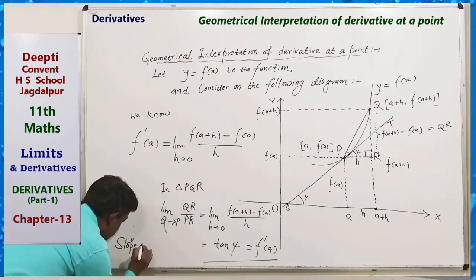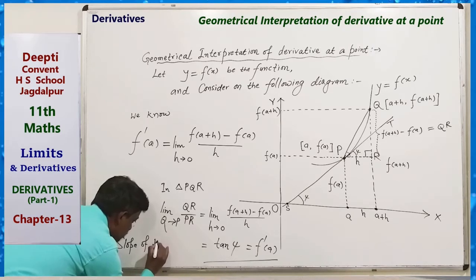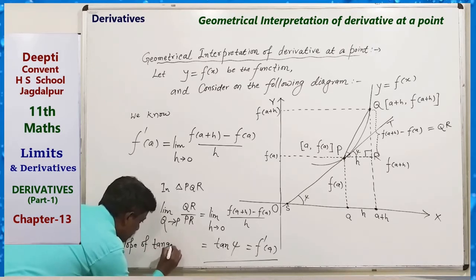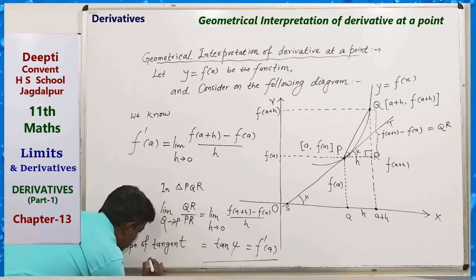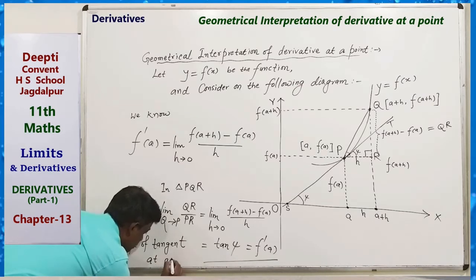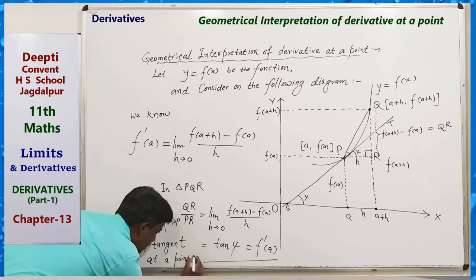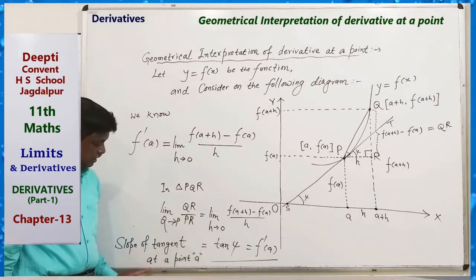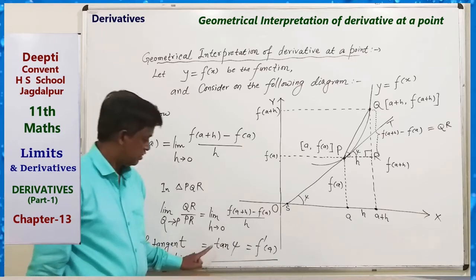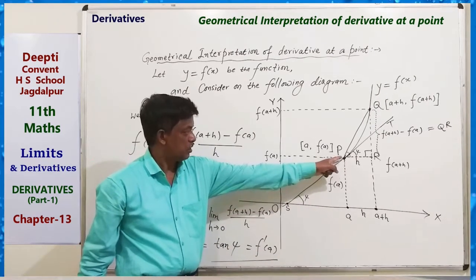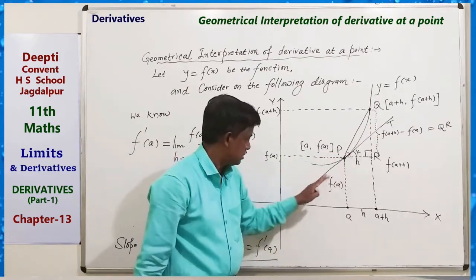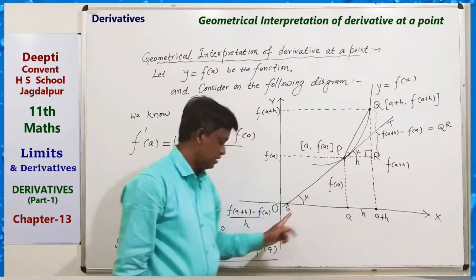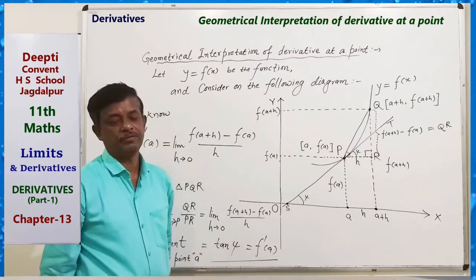Derivative at a point A shows the slope of the tangent at the point A, tan psi. At this point, the tangent's slope is tan psi, which equals f dash.